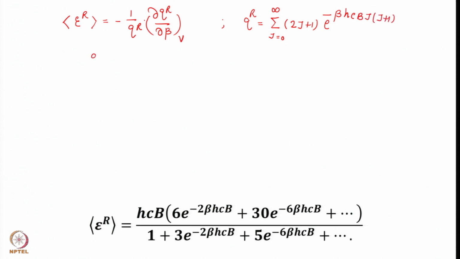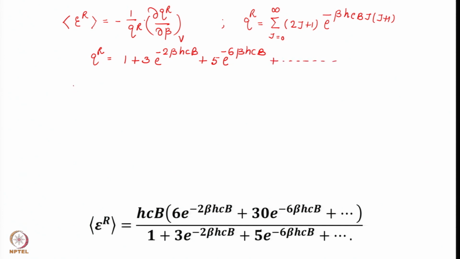So QR, as we just discussed, when j is equal to 0 you have 1, plus when j is equal to 1 it is 3 exponential minus 2 beta hcB, plus when j is equal to 2 this is 5 exponential minus 6 beta hcB, plus you keep on going.